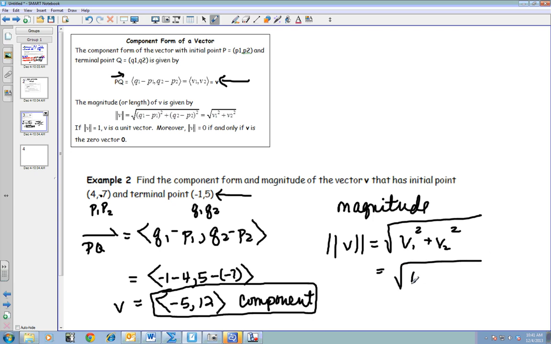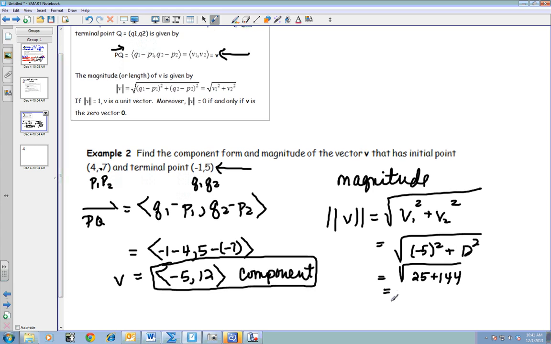So the square root of negative 5 quantity squared plus 12 squared, 25 plus 144. So that's going to be 169, which is 13. So the magnitude of vector v is 13, and I rewrote that in component form. Here's my vector v right here.